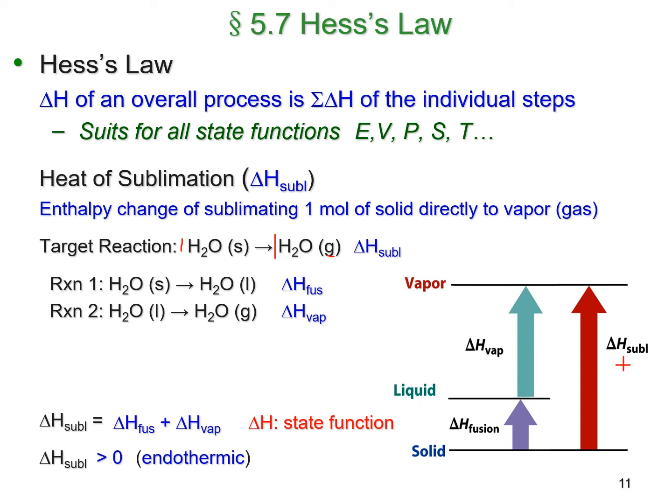How do I know them? As state functions, they are capitalized, right? Remember, if you have a symbol in uppercase, such a function is a state function. So let me put it the other way. Hess's law suits all state functions, not just enthalpy.